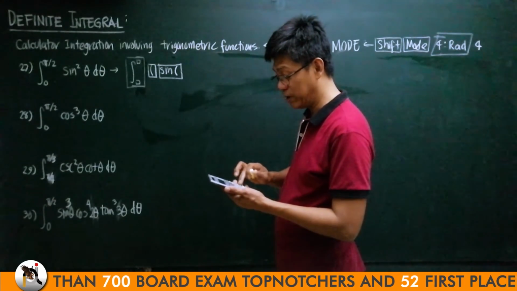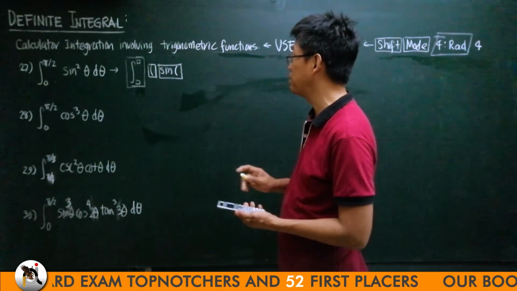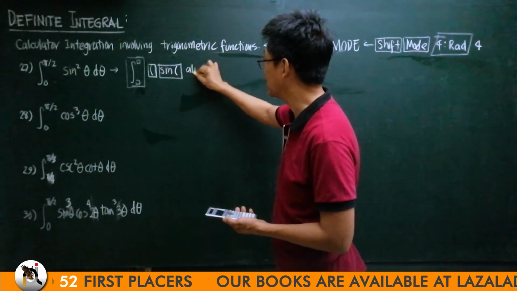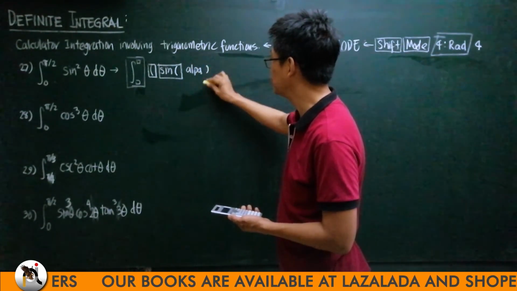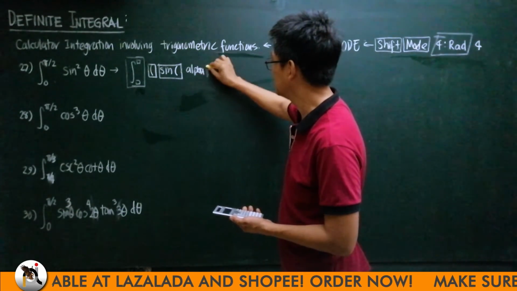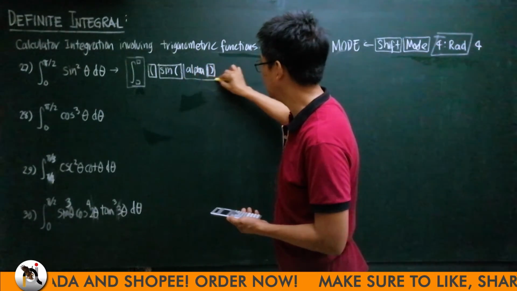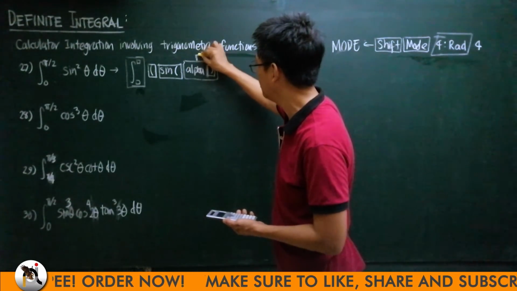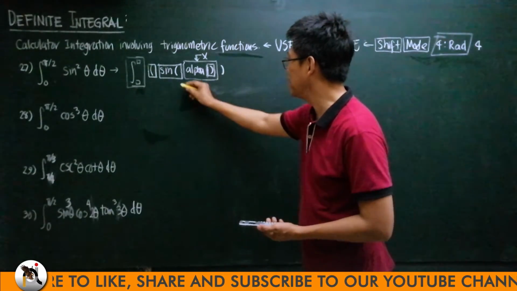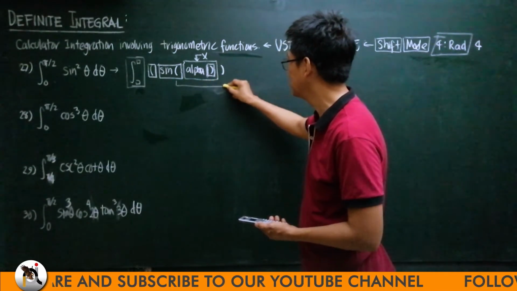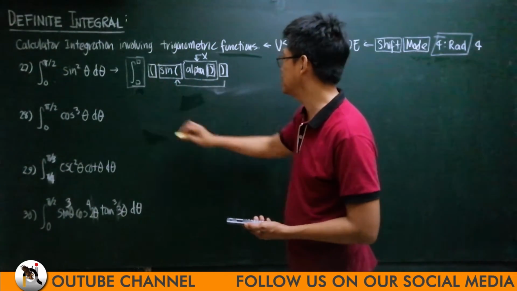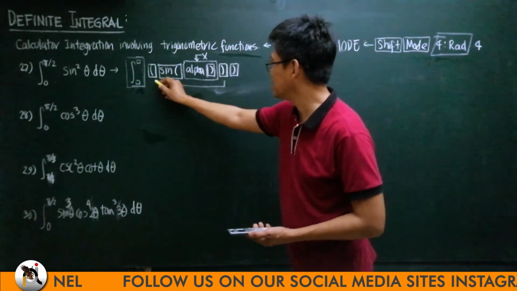Then press theta, which will be entered as alpha, close parenthesis. This key, I repeat, is for your x. Then close the built-in open parenthesis of sine. Then close the open parenthesis that you entered.